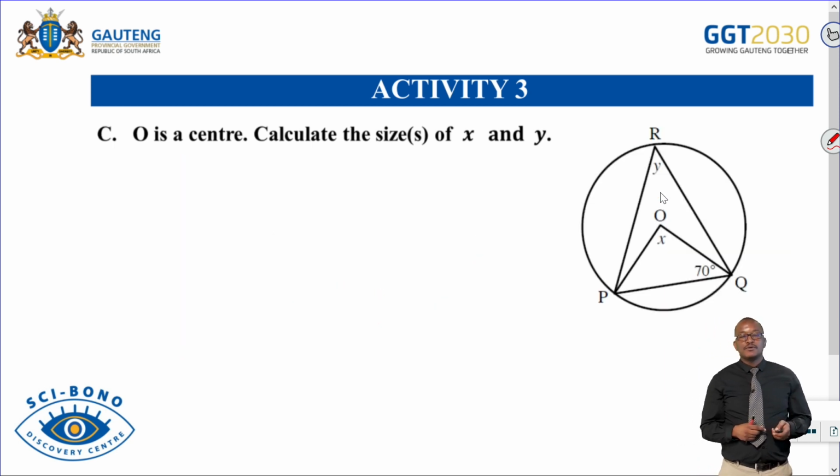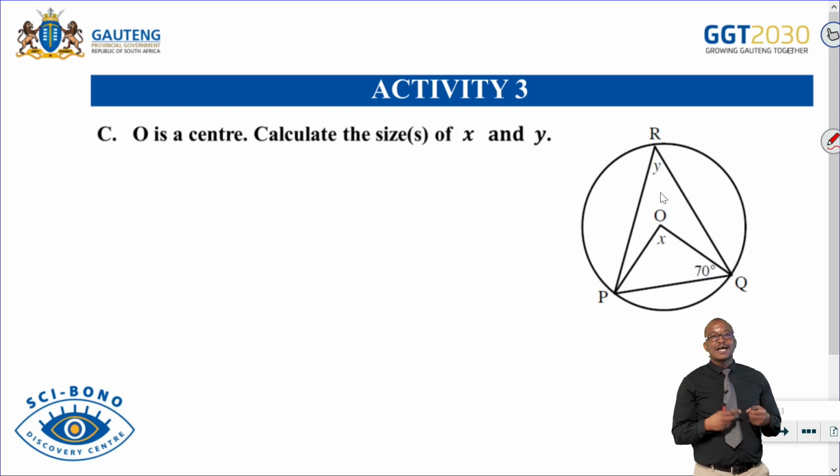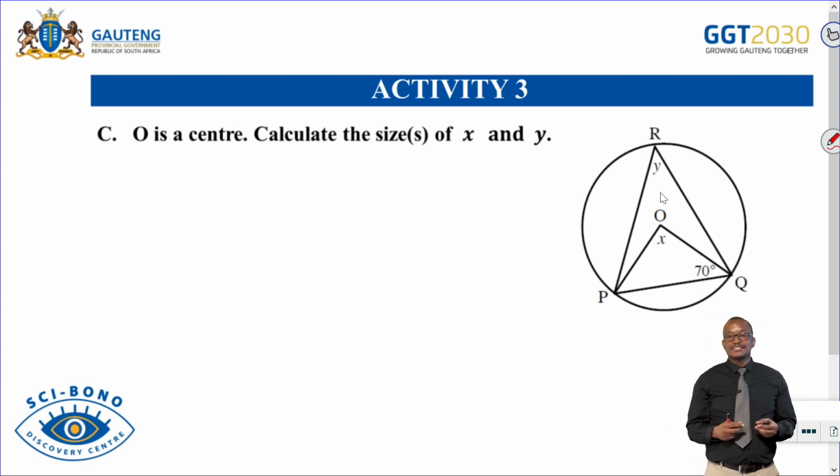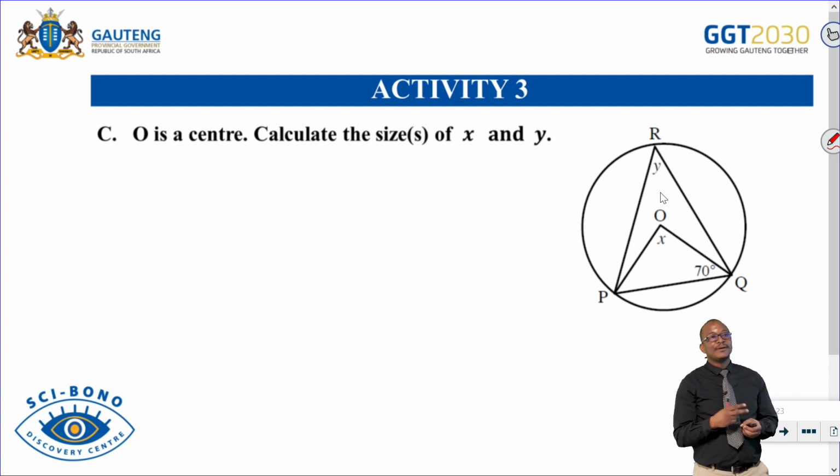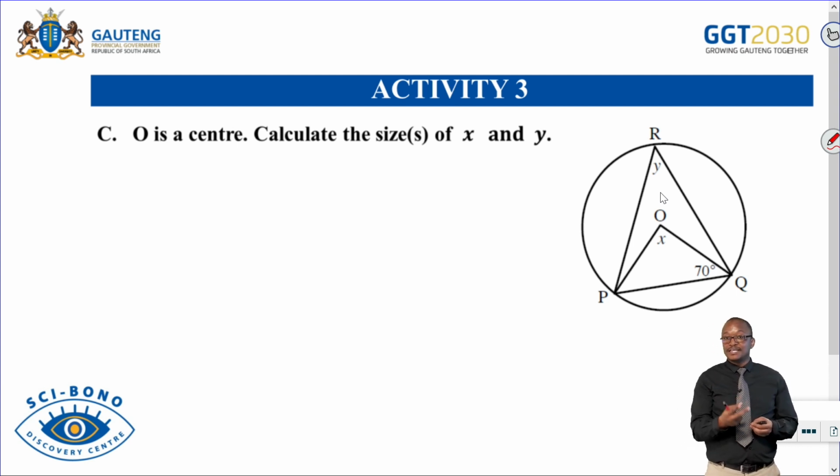So now, let's look at how we can apply this type of theorems in this situation. Remember now, it will not be a straightforward question like the past 2 activities. This one we have to analyze it and get x and get y. So O is the center of the circle.